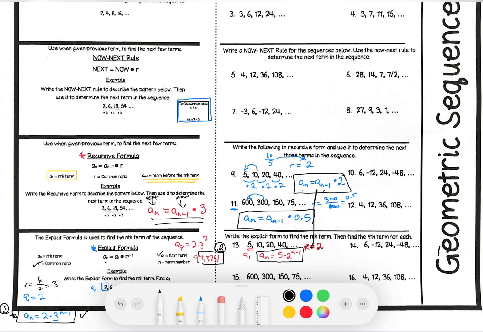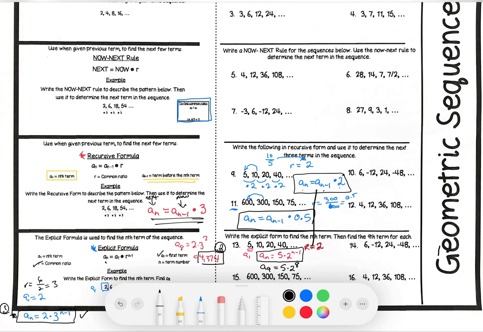All right, and then next it says find the 9th term in the sequence. So we substitute for n, 9, and this becomes A sub 9 is equal to 5 times 2 to the 9 minus 1, so just 8, all right? It's the term before the 9th term.